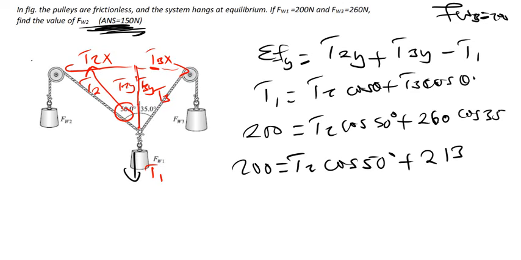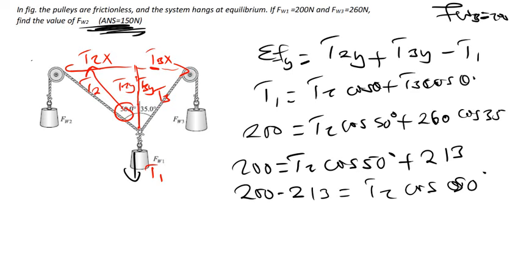If I shift this to the other side, we'll have 200 minus 213, which is equal to T2 cos 50.